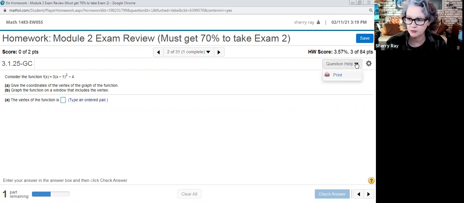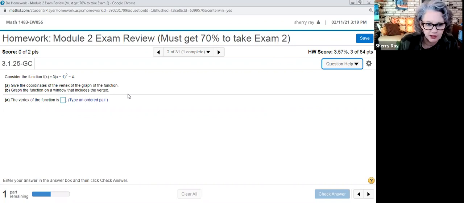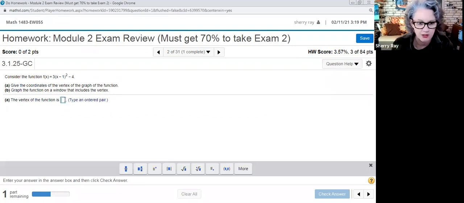Oh, it's not going to help you. So much for that question help, huh? But for your vertex in a parabola, here we have 3 times x minus 1 quantity squared minus 4. So for the first coordinate of your vertex, it's actually a positive 1. The second coordinate is a negative 4.